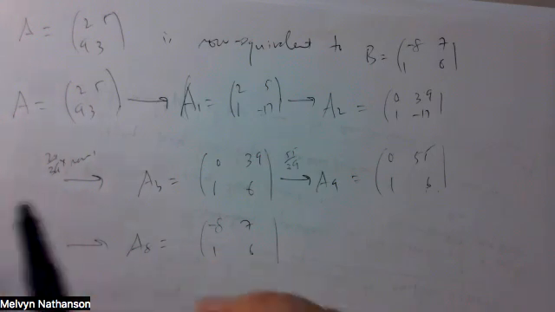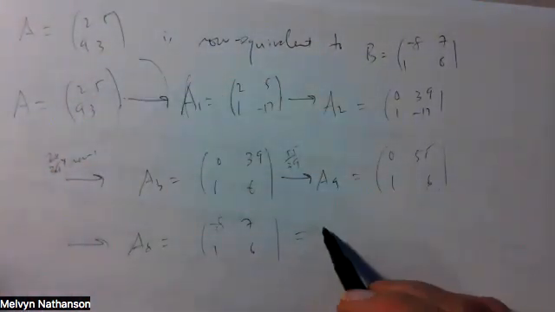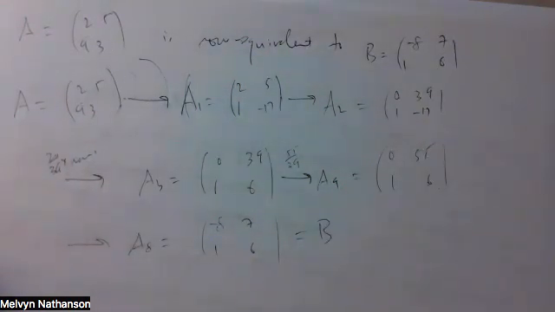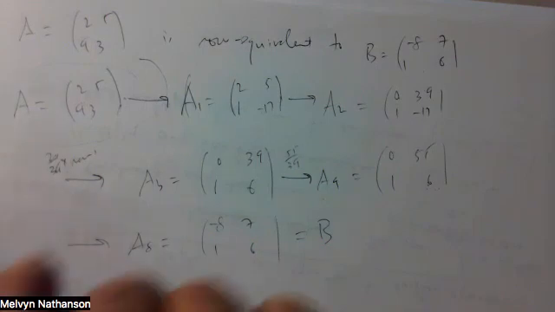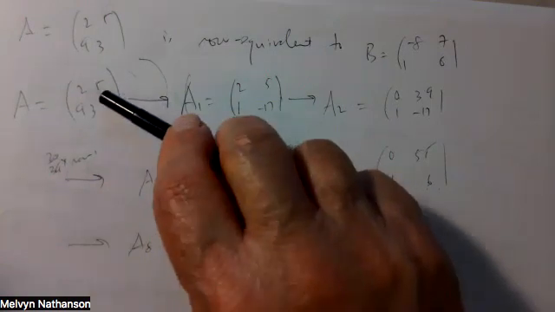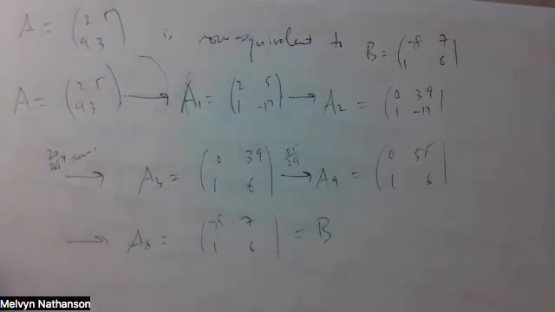So in particular, this matrix A that I started with is equivalent to this matrix, which is exactly the matrix B. So this is some sequence of elementary row operations that goes from this matrix A to this matrix B. It doesn't solve any particular problem yet, but this is simply the procedure of carrying out elementary row operations.